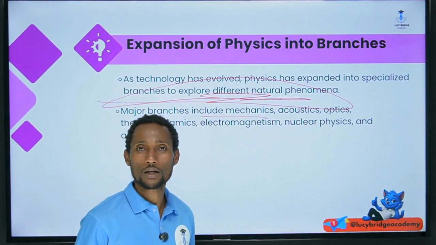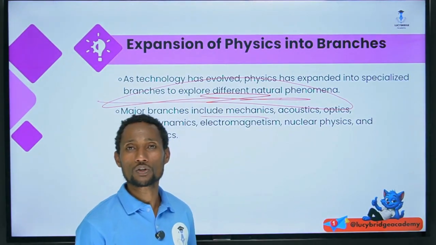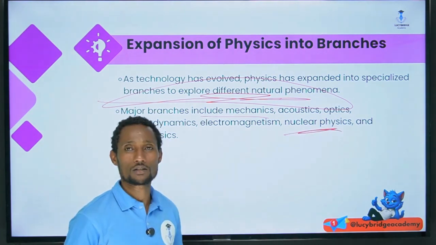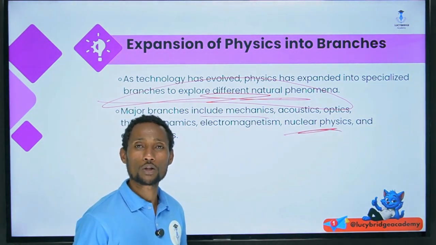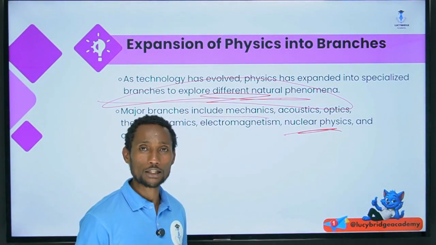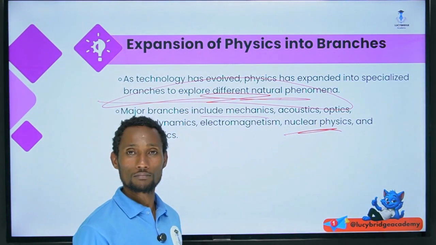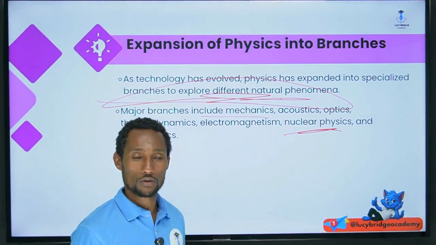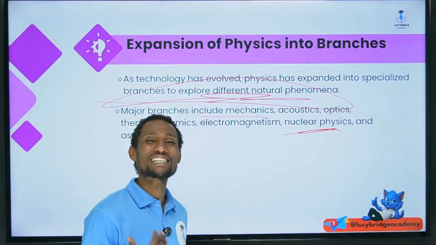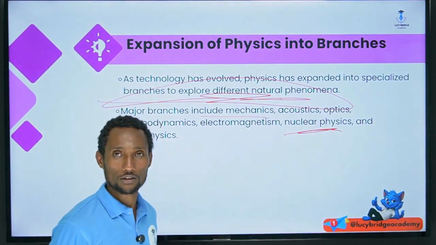Electromagnetism, having electric and magnetic effects. Nuclear physics, about nuclear reactions or the atomic nuclei in a given atom, molecules and compounds. And astrophysics, about celestial bodies and astronomical objects.